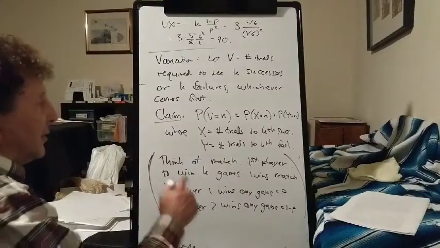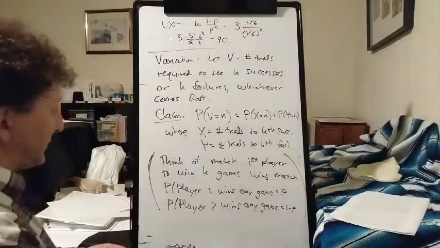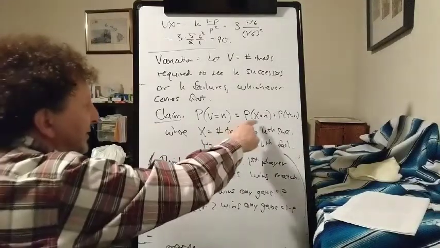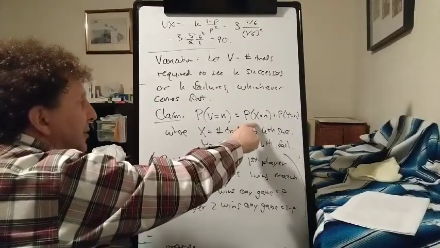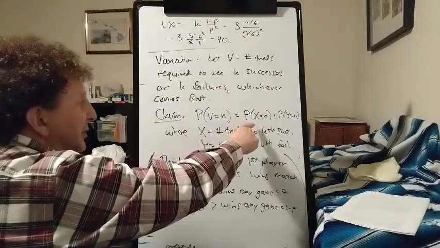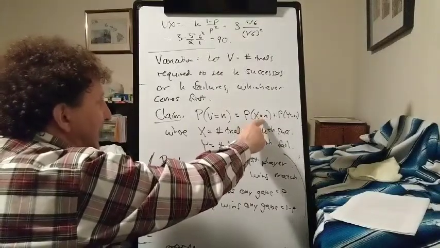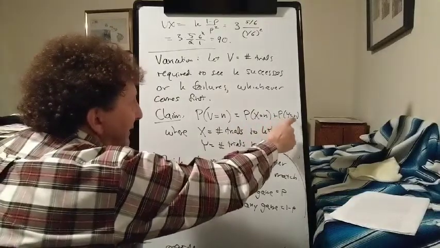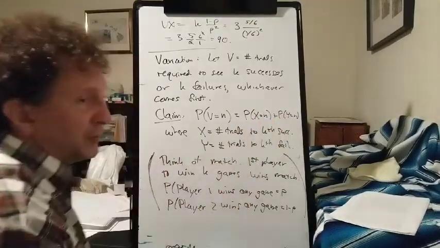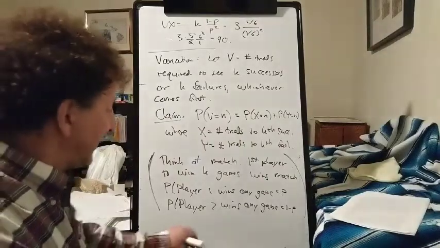So why would it be the sum of these two probabilities? Well, each of these says the probability that player 1 wins k games takes n tries. So the nth game is a victory for player 1. And here this says that the nth game is a victory for player 2. So those are mutually exclusive because they can't both win the nth game.